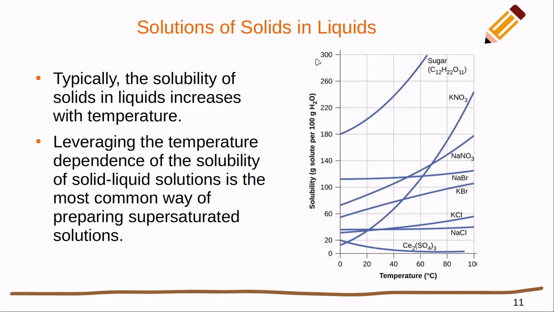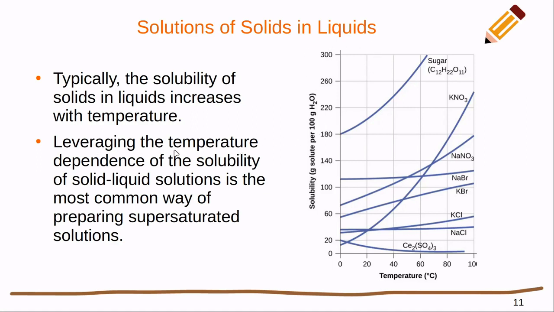So let's talk a little bit about solids and liquids. The big takeaway here is going to be that typically the solubility of solids and liquids increases with temperature. All right. So when we have two condensed phases, solids and liquids, we don't need to take into consideration the pressure, but only really the temperature.